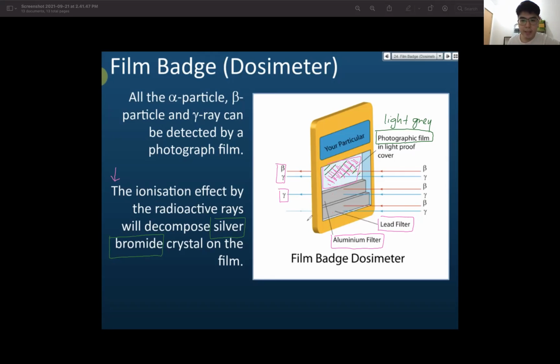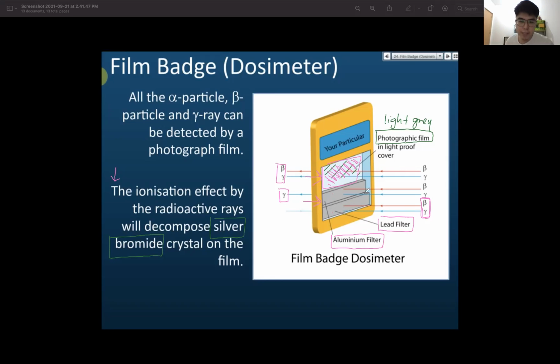And the last one is lead, which can block both gamma and beta. So if you are exposed to gamma, let's say gamma particles come, then you'll see the badge turn dark in the middle section and the upper section.